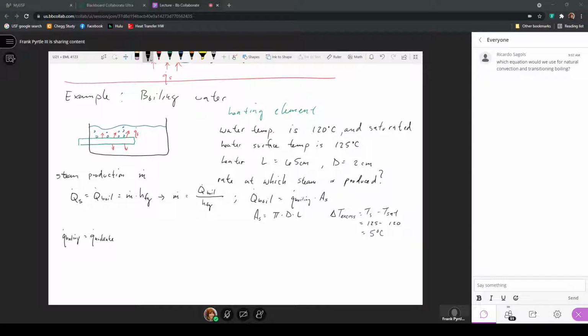So this is just a 5-degree temperature difference between the surface and the water that is actually being boiled here. This expression for nucleate pool boiling is going to be the Rohsenow equation or correlation.